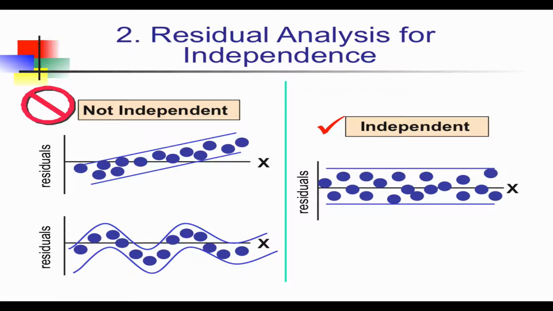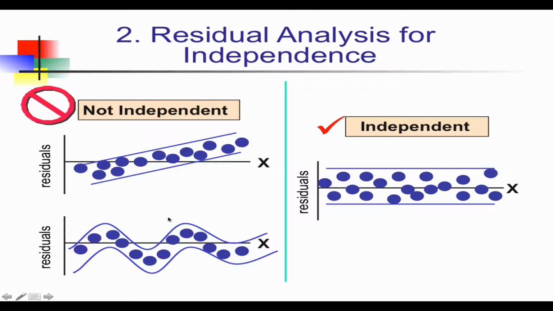If you plot the residual of this one, you can see there's a trend of y with respect to x, whether it's a periodic trend or an increasing monotone trend.